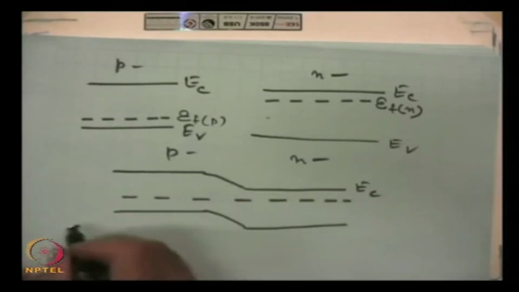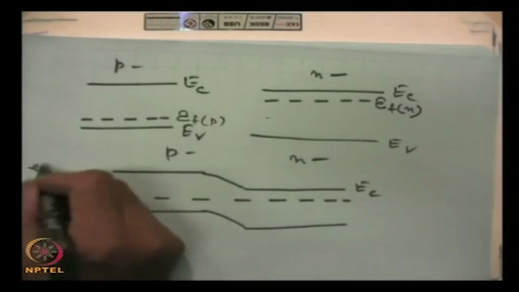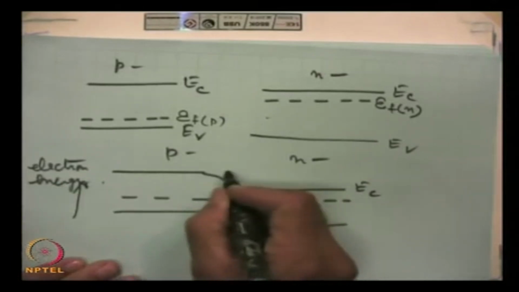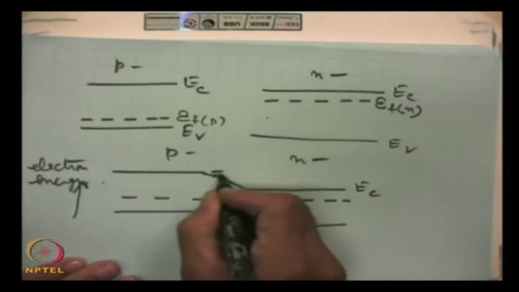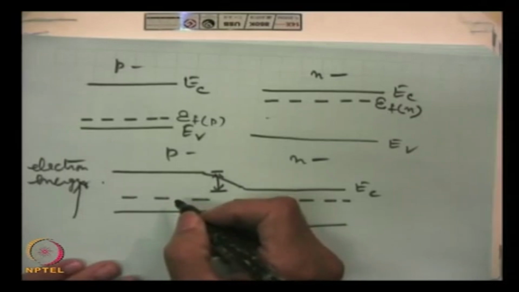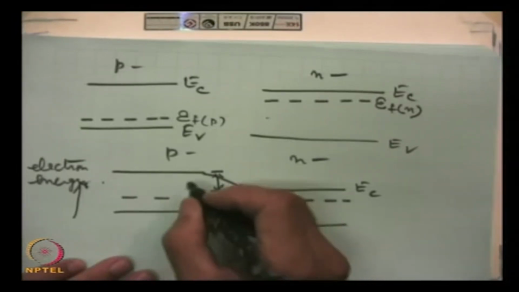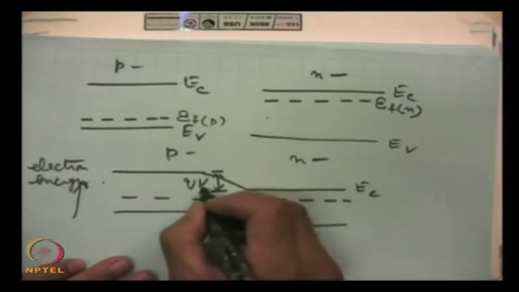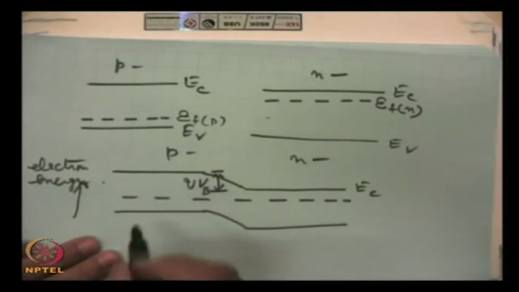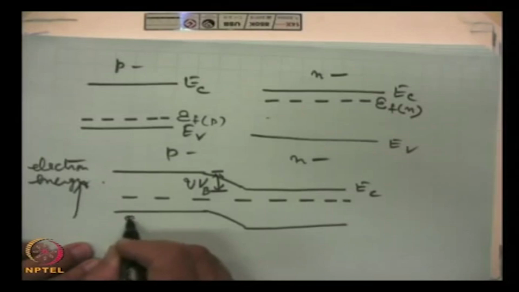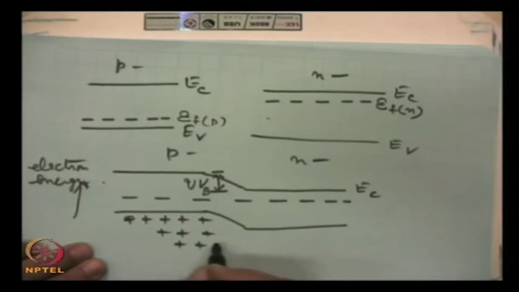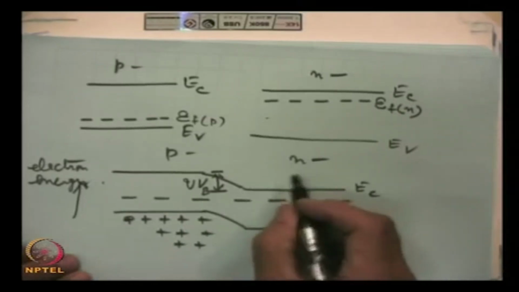Now, obviously, this is the electron energy, and a barrier has been formed, and the height of the barrier is in energy. So, if the contact potential is Vb, then this is q times Vb. This is p type material, majority are holes here, and here this is n type material.